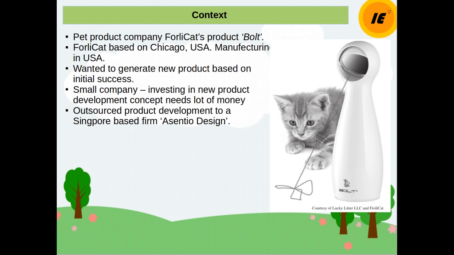Depending on their product called Bolt, they want to generate a new product based on their initial success, and they don't want to take too much risk because they are actually a small company. So they outsource their product development process to a Singapore firm called Accenture Design, something like that.